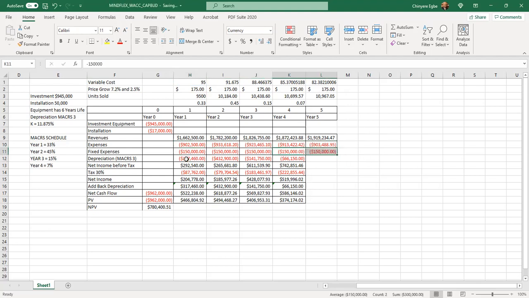All right. Depreciation is based on MACRS, and so this will be 0 here, and depreciation will be the percentage here, which is 33%, times the cost.